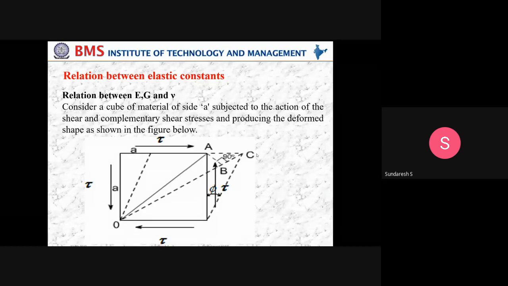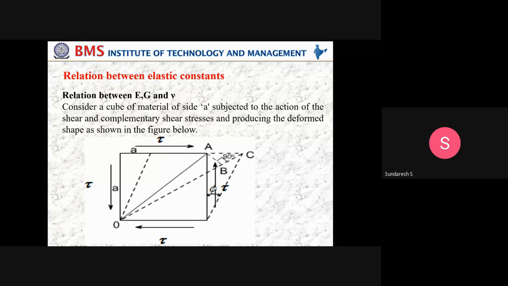A little geometrical construction needs to be done over here. Since A has moved to the point C, we drop a perpendicular AB to OC. So angle ABC is 90 degrees.